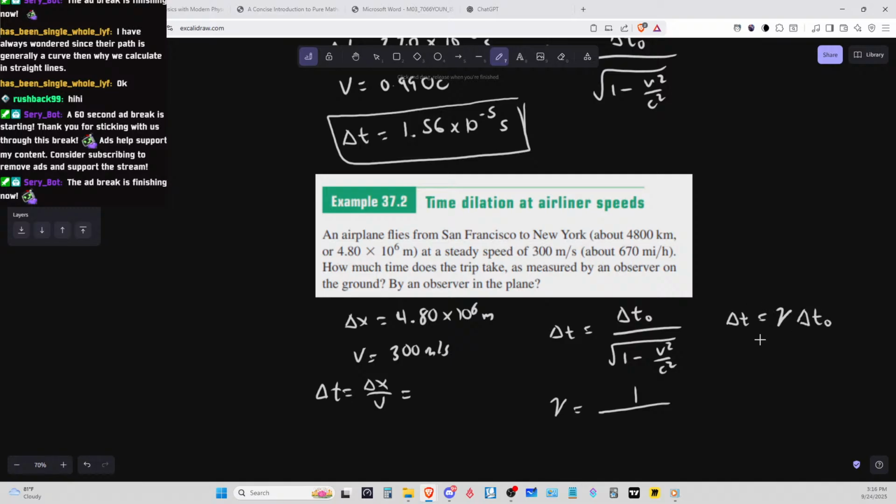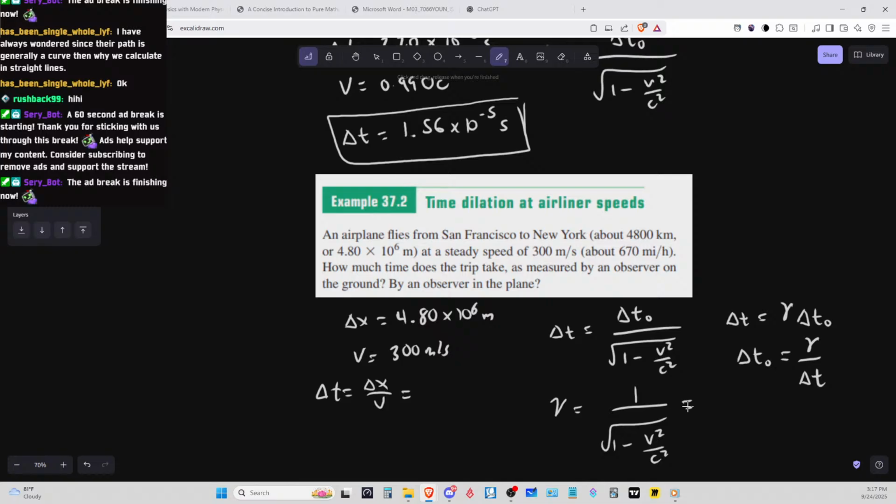So if we have this, then we can make the proper time equal to the time over gamma. No, what am I doing? So just do this, velocity squared, and then we'll calculate gamma.